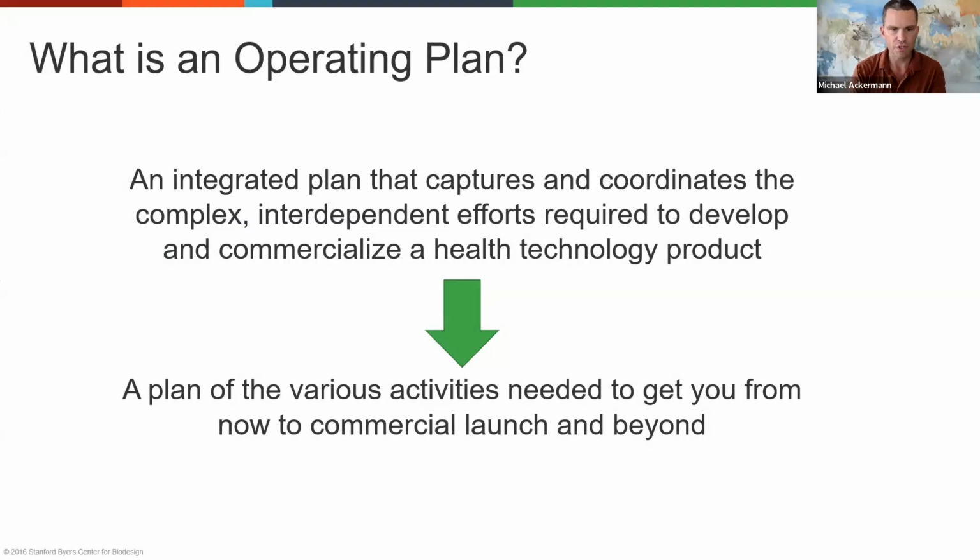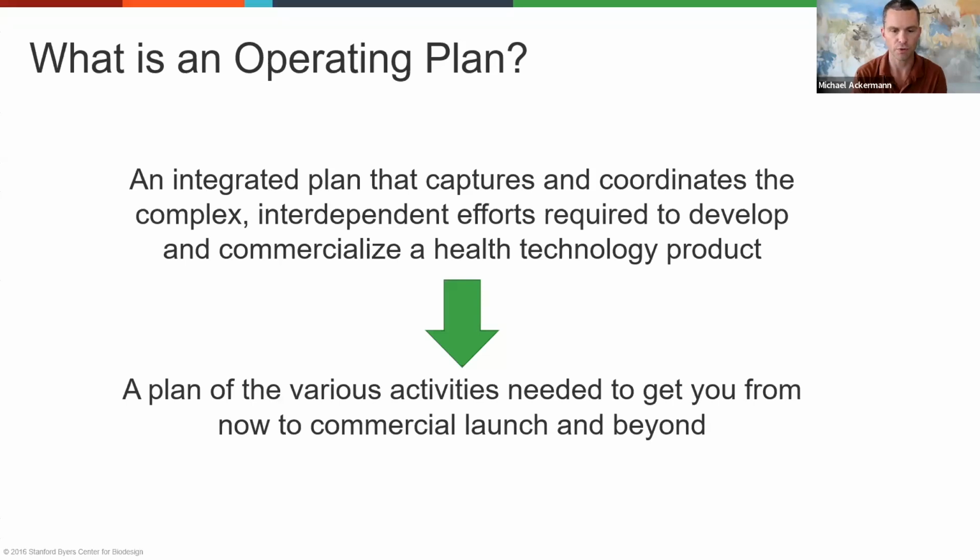So the book's definition is on top, but an operating plan, it's really just a plan of all the things that you need to do to get to commercial launch. And so I think that's for the stage of business that you guys are doing right now. I don't think you need to plan beyond launch. At some point that'll be necessary, but for now you can basically plan up to the commercial launch.